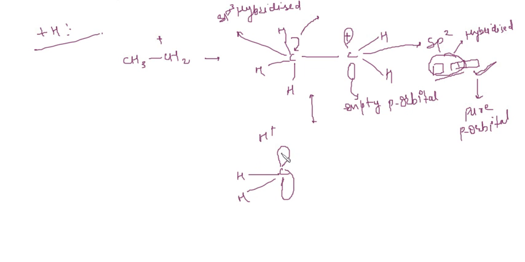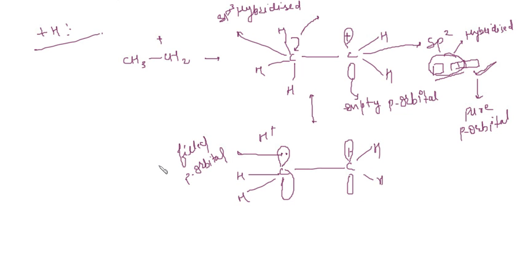Now this filled p orbital comes in direct contact with the empty p orbital, and then it forms a carbon double bond carbon, with H, one H above.